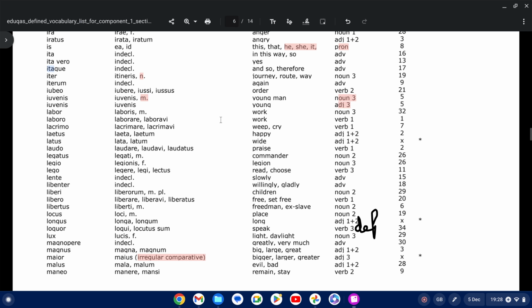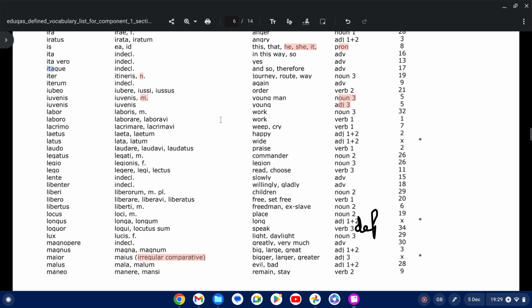So collect is like chosen and con, together. So if you collect, you've been chosen together. We come together. Other words related to lego, legere, legi, lectus: legible. If something is legible, it is able to be read. So legible, collect and select are all related to this verb, which means read or choose.